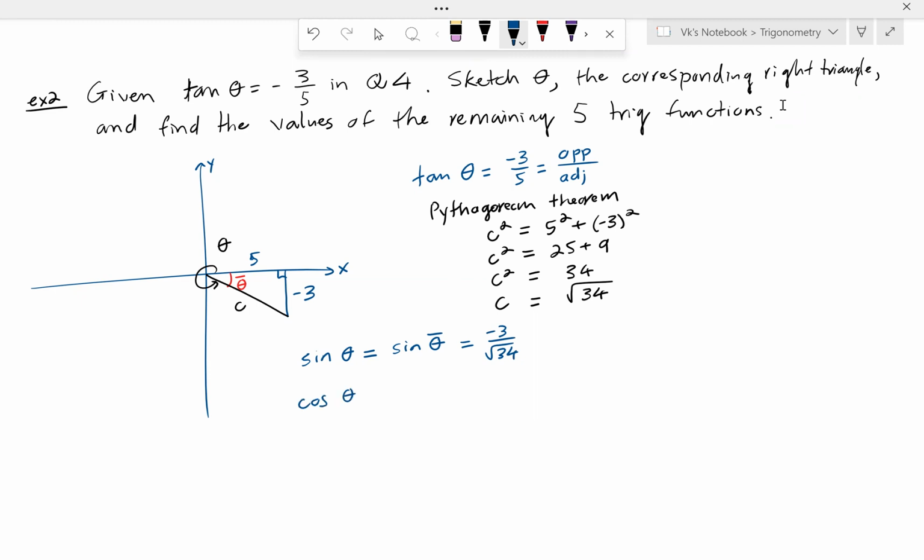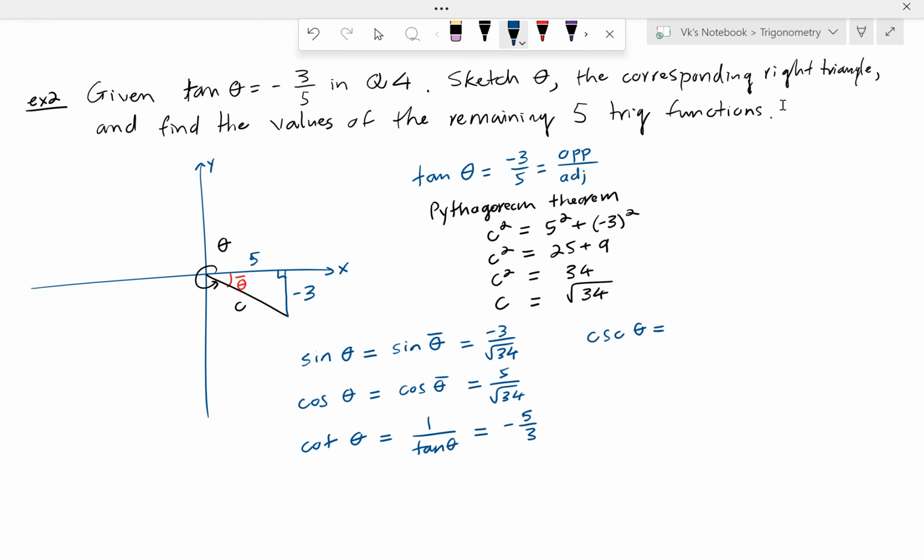Cosine of the angle theta is cosine of the reference angle, and that is 5 over root of 34. Cotangent of the angle theta is 1 over tangent of the angle theta, which is negative 5 over 3. You just have to flip the fraction.